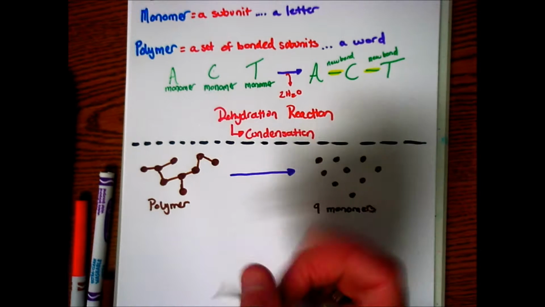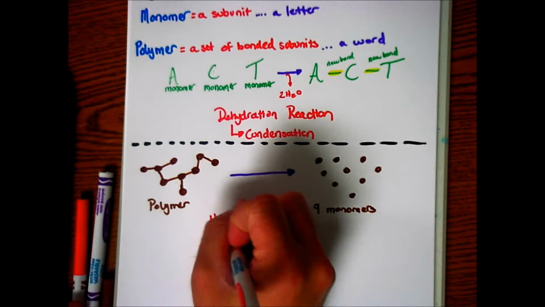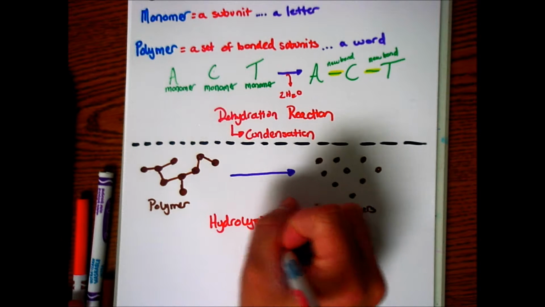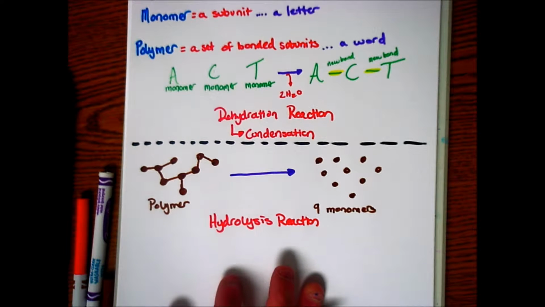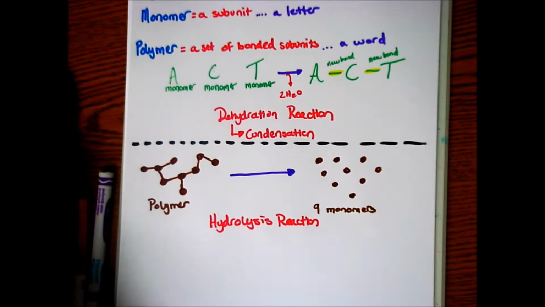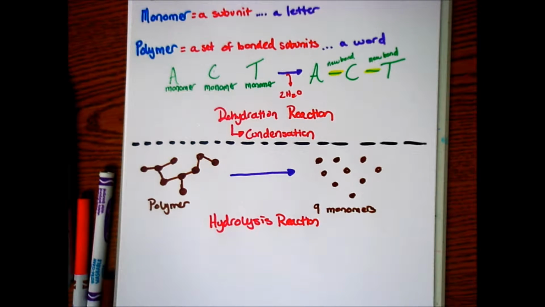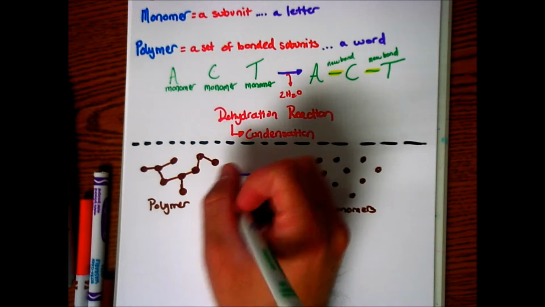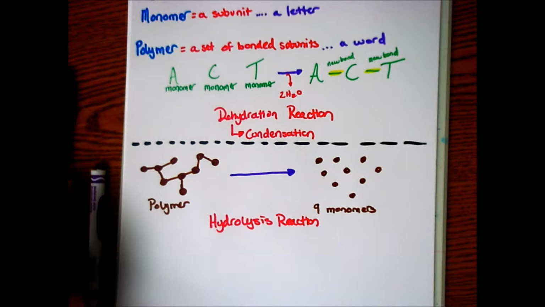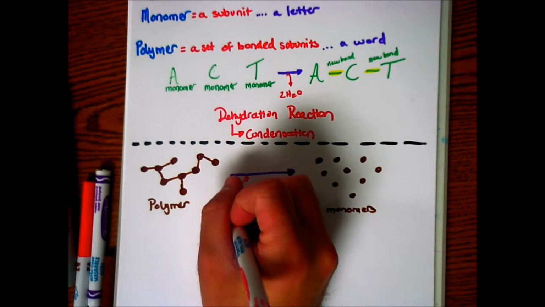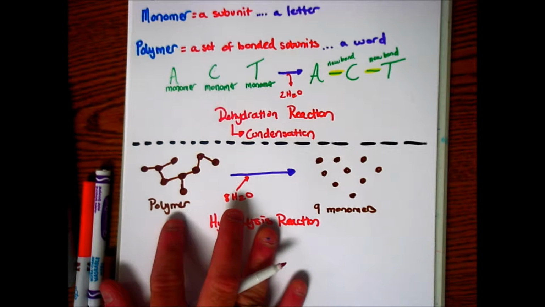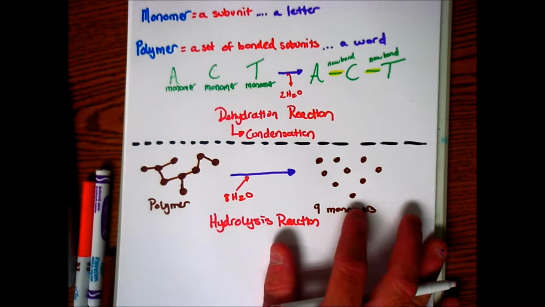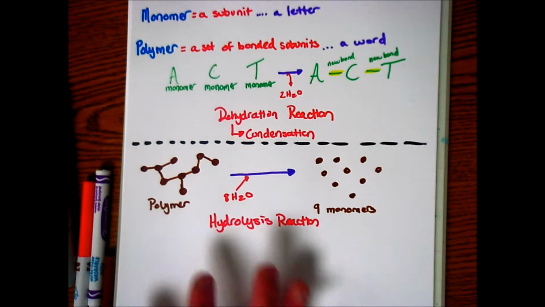And Austin is correct. This would definitely be a hydrolysis reaction. We could be a little bit more specific in quantifying those. So how many water molecules would be needed to break up those 9 monomers, those 8 bonds? So 8. I would need to feed this system a specific count, and that specific count would be 8 H2Os. And if I do that, then these 8 H2Os can break up the polymer into the 9 monomers, because I would be breaking the 8 bonds in it.